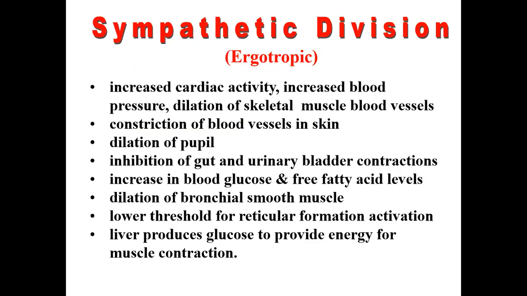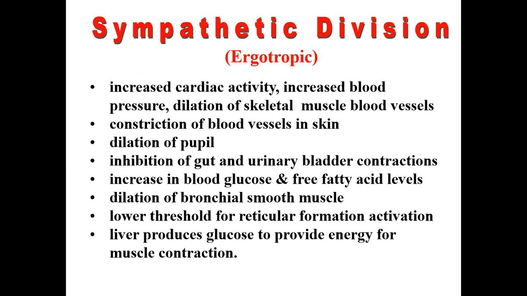Then when you look at the sympathetic division, this sympathetic activity is called ergotrophic activity, where it increases cardiac activity and blood pressure. It causes dilatation of the skeletal muscle blood vessels, constriction of the blood vessels in the skin, and dilatation of the pupil.